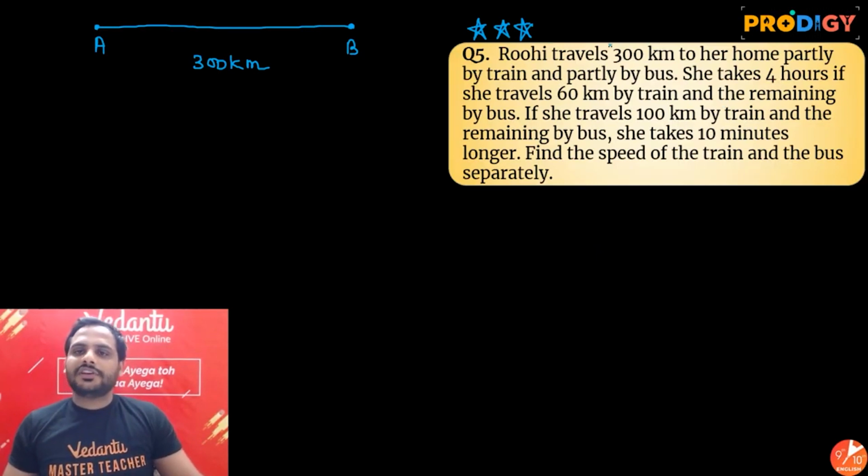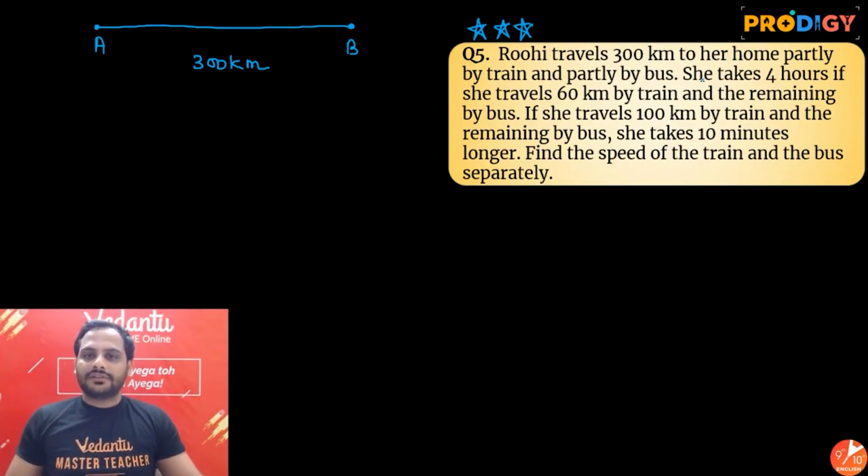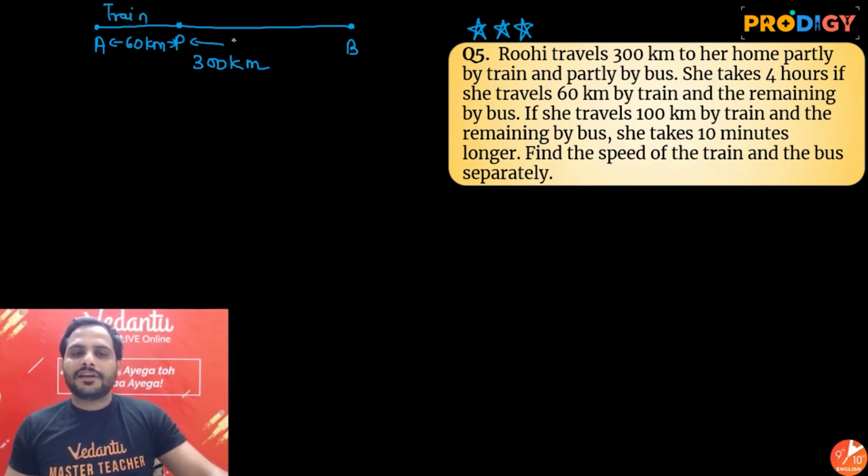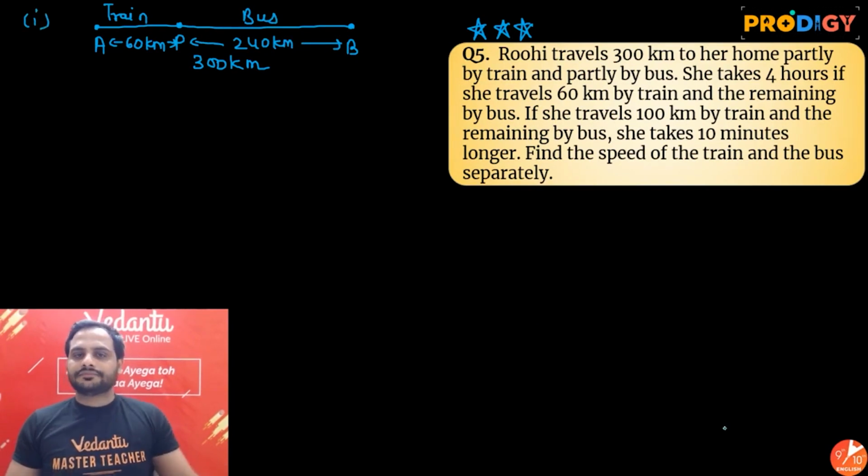She takes 4 hours if she travels 60 kilometers by train. So suppose A to P is 60 kilometers. She travels this much by train, and the remaining 300 minus 60, which is 240 kilometers, by bus. ठीक है, this is our case 1.